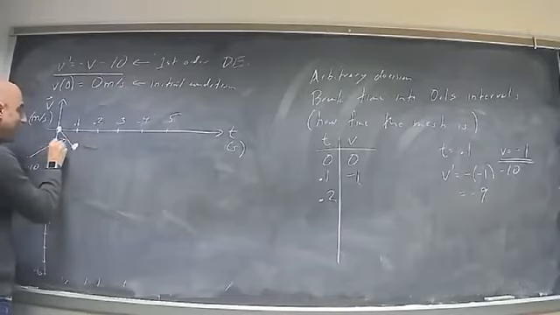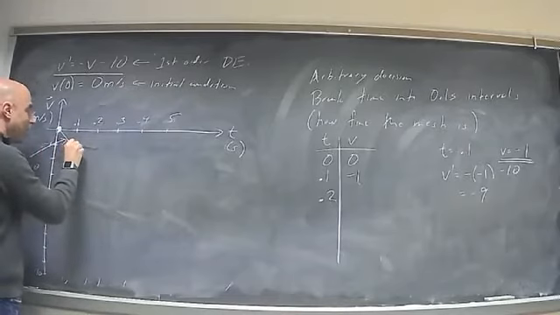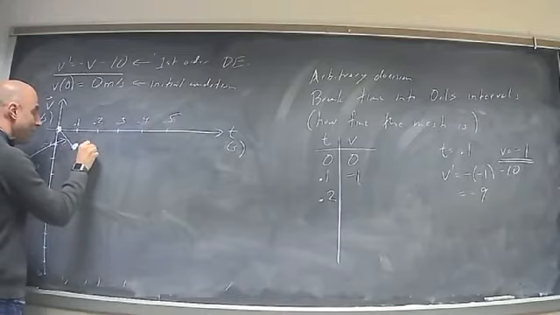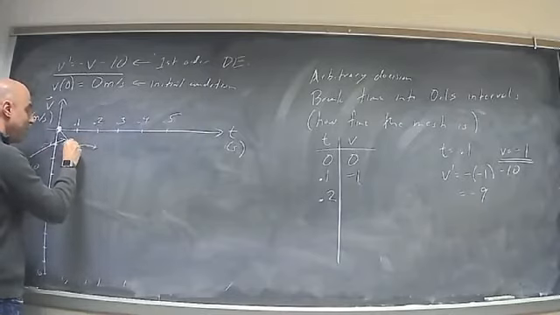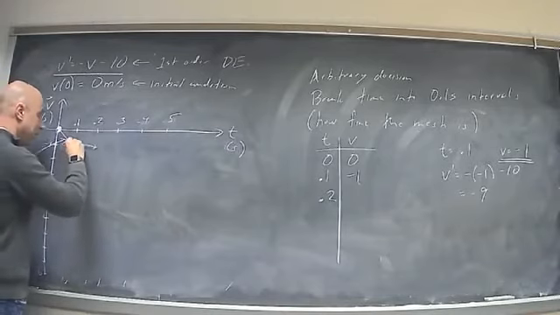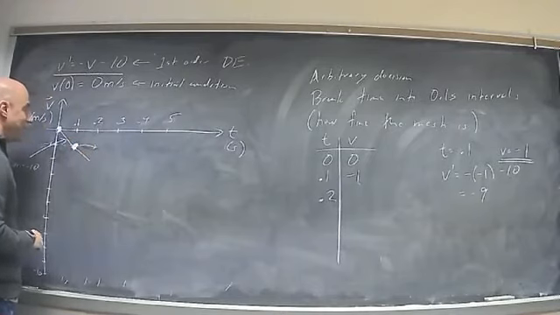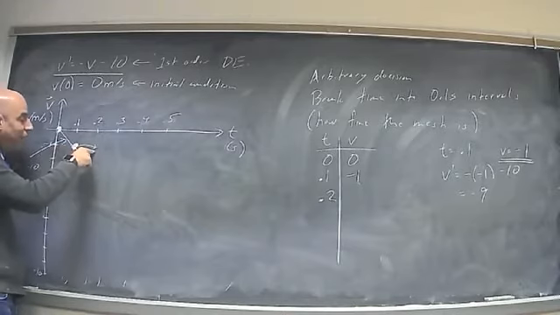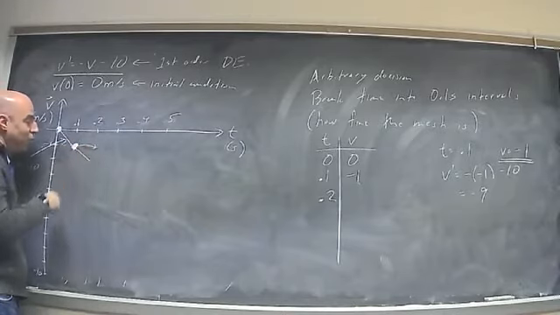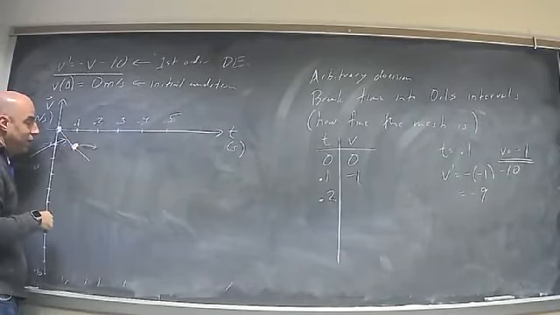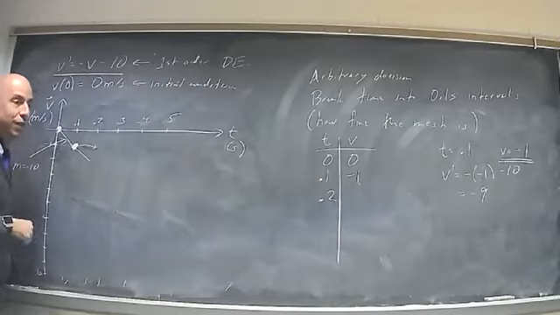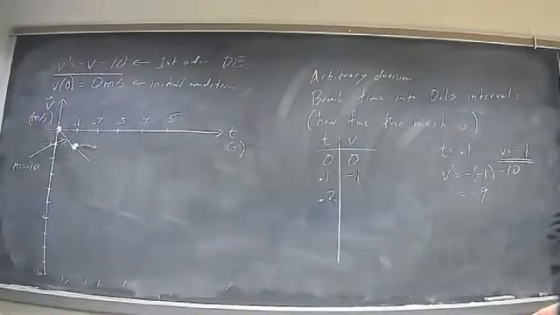You go over another 1/10 of a unit, and your slope is -9. It was -10 over here, now it's -9, so it's not as steep as it was before. If you go over 1/10 of a unit at slope -9, how much more do you drop? You'd be at height -1.9.